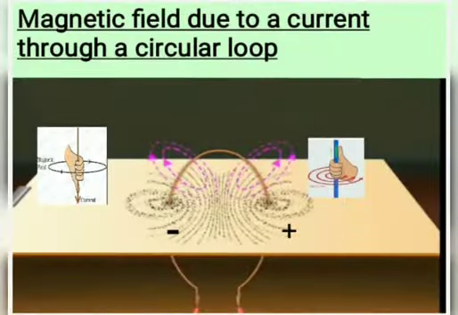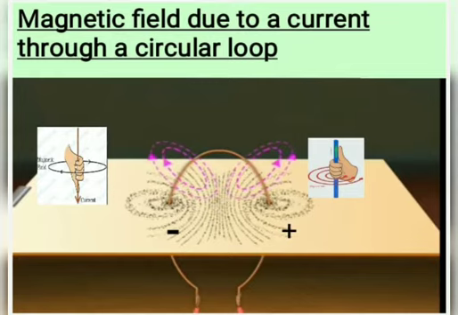Friends, we are moving to our next topic, that is magnetic field due to a current through a circular loop. We know that a current carrying wire produces a magnetic effect. Use the same conducting wire and bend it to form a circular loop as shown in the figure. Then current is passed through it. Observe the pattern of magnetic lines produced.